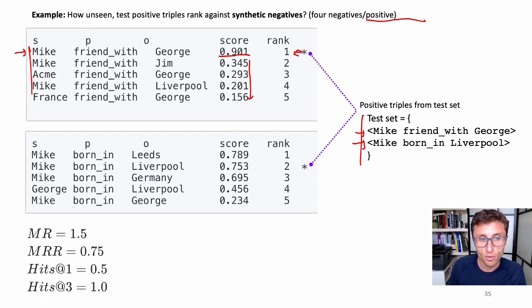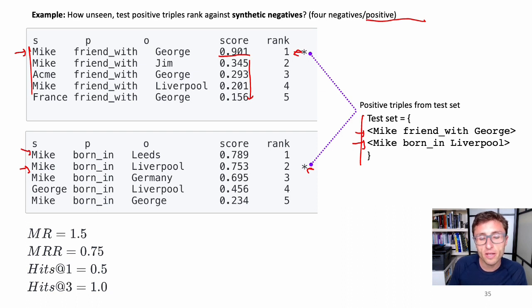Now in the second example though, the positive triple is Mike, born in Liverpool. Unfortunately, the machine learning model assigns a higher score to Mike, born in Leeds. So the rank of the positive is 2. It's not the best outcome, but it's still pretty good, right?